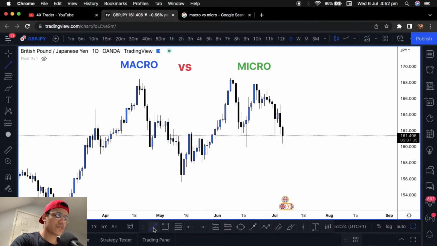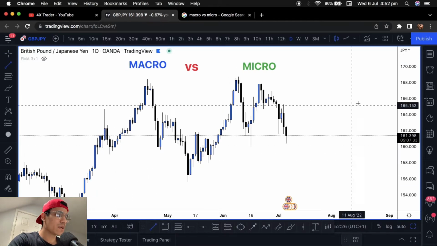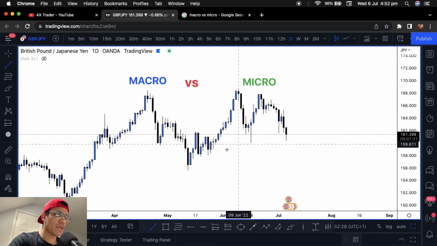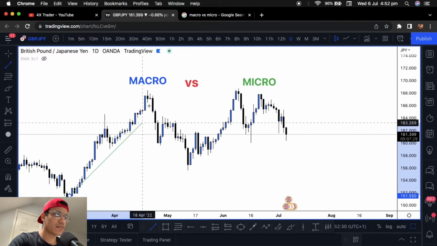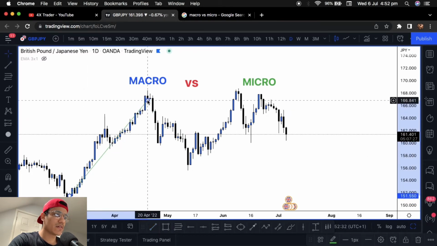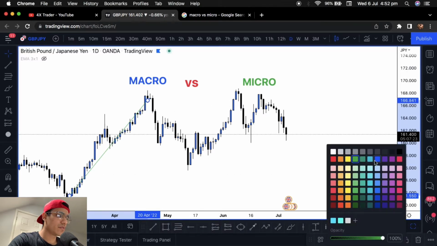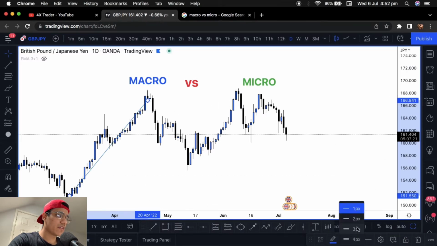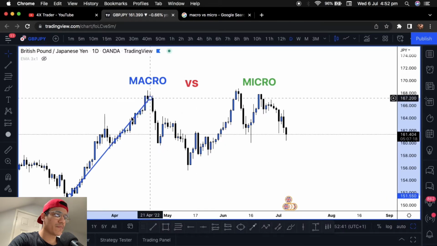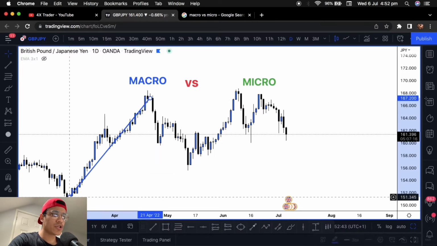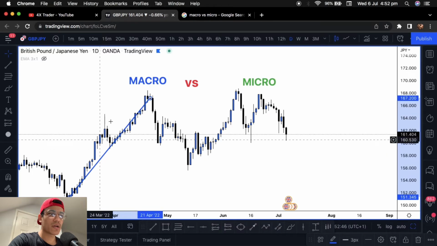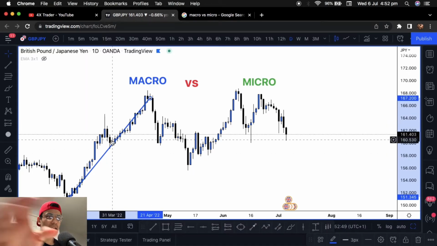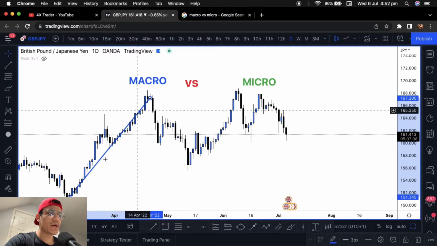So I'm gonna take this trend line. Here's what macro means. This from here to here, we're gonna make it blue, make it thicker. Boom. This push, it's a macro push. That's a leg, right? That is a leg. That's a macro push.